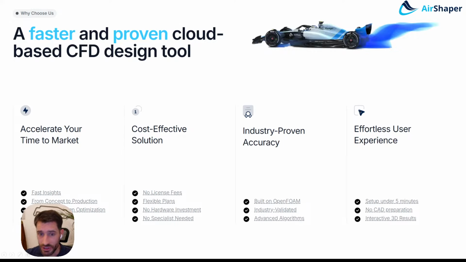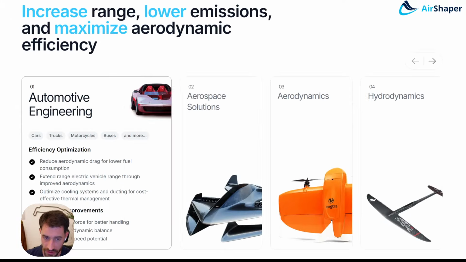We have an effortless user experience. You don't need to rely on an expert. You don't need to hire someone with expensive skills. We have a fully automated workflow, which allows you to set up simulations within just 5 minutes, and you don't have to prepare your CAD geometry.